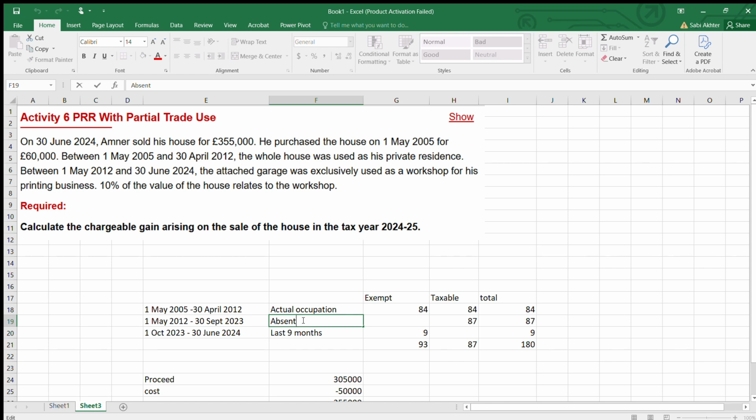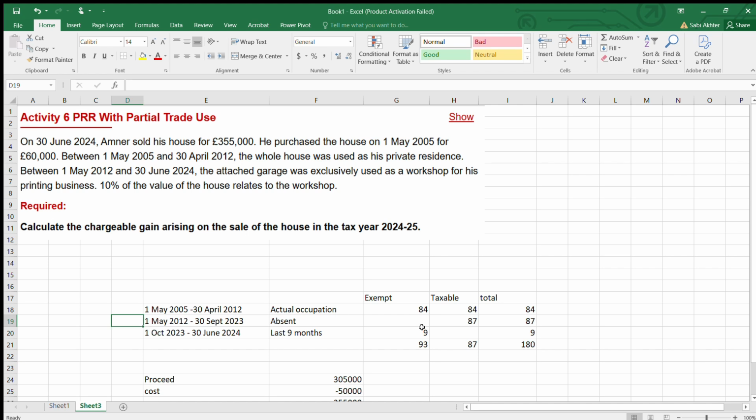It's from May 2012 to 2023. First calculate from 12 to 23. How many years went? 11 years. And with 11 years, it's May to September: May, June, July, August, September. Another 5 months you have to add.